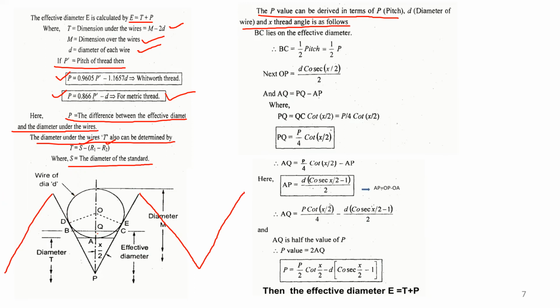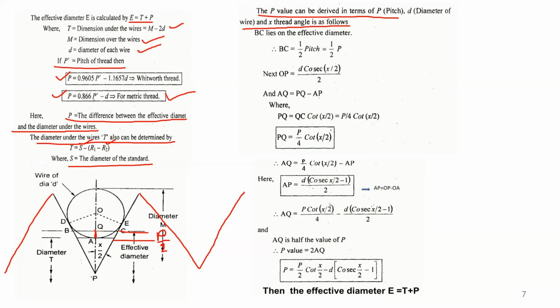Here we need to find out this AQ. This AQ is nothing but P by 2. If you know the P value, we can calculate P by 2, right? So that is PQ, and AQ we need to find out.